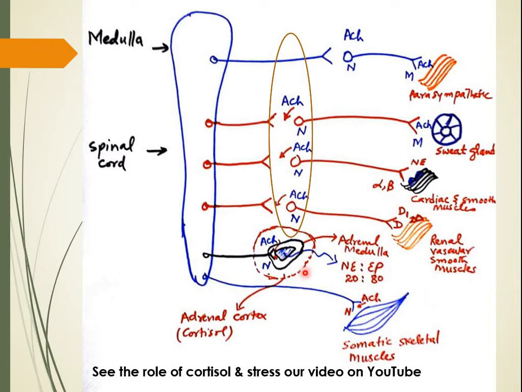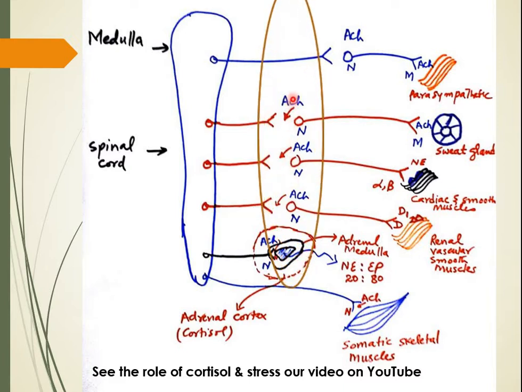Now, as a rule of thumb, in all the ganglia, whether in the parasympathetic division or the sympathetic division, the receptors are nicotinic and the neurotransmitter is acetylcholine, irrespective of the type of division of the autonomic nervous system.